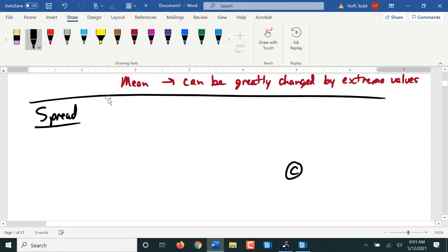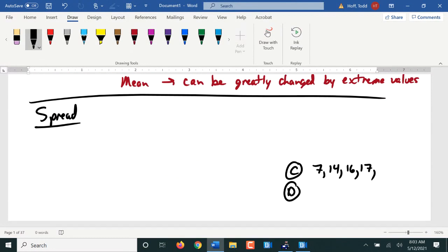I'll call them C so we don't confuse them with A and B. Data set C and D. So data set C: 7, 14, 17, what do I have? Well, we're going to do 7, 8, 20.